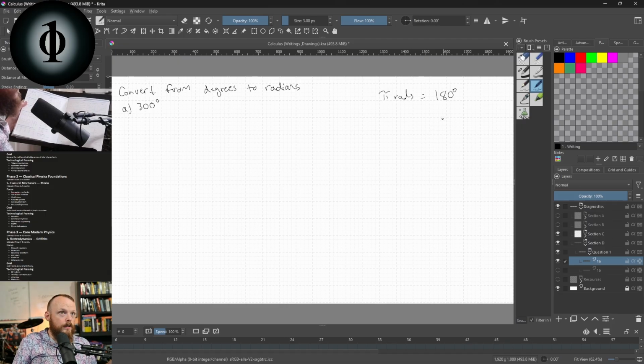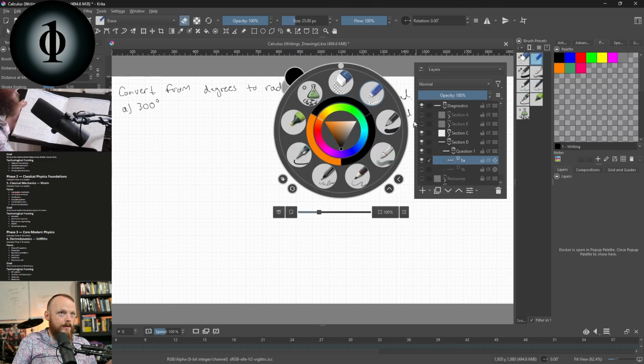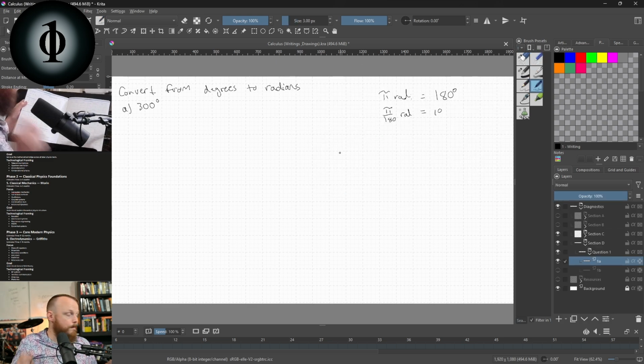1 degree. So pi over 180 rads is equal to 1 degree. And this doesn't say rads, it just says rad, pi rad. And then arc length is equal to the radius times theta.